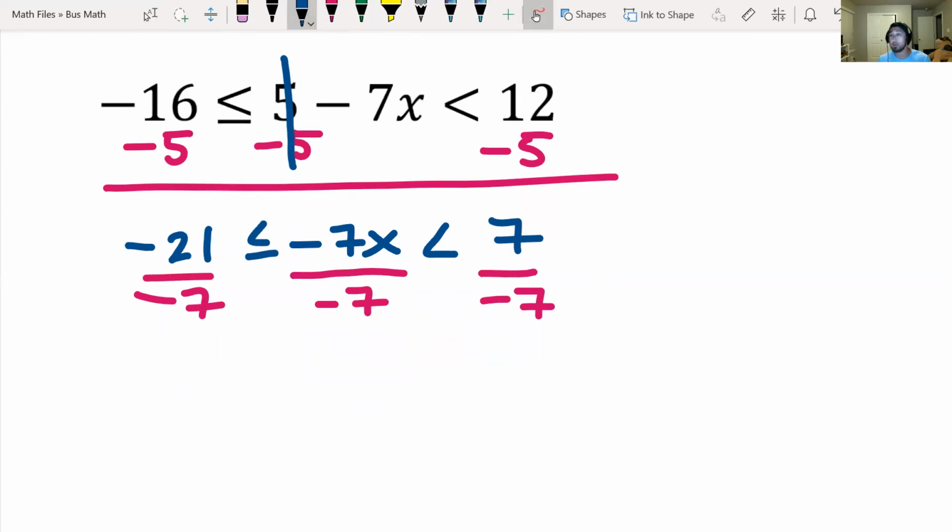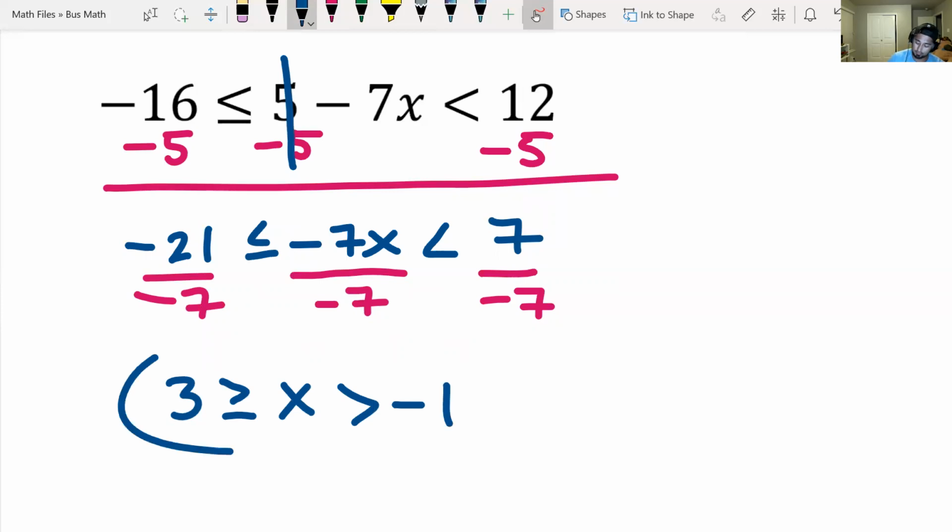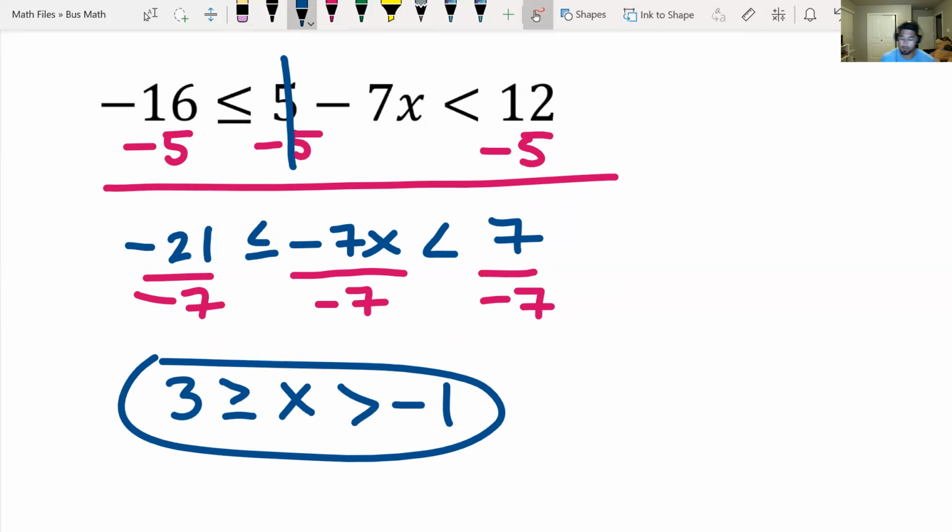And also, we are dividing by a negative, which means your inequalities will flip. So you'll get positive 3 greater than or equal to x greater than negative 1. There's our double inequality.